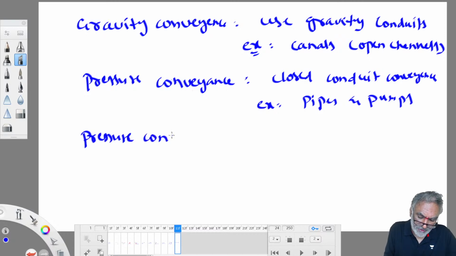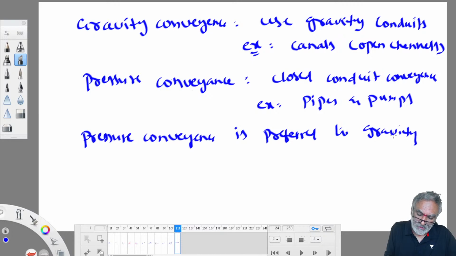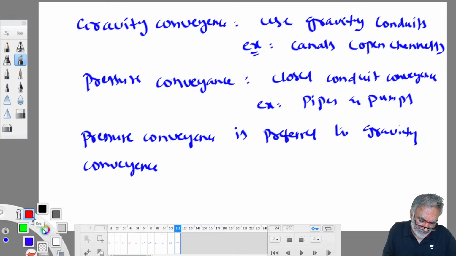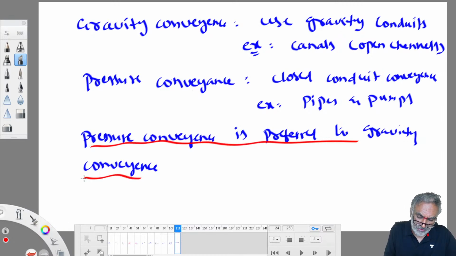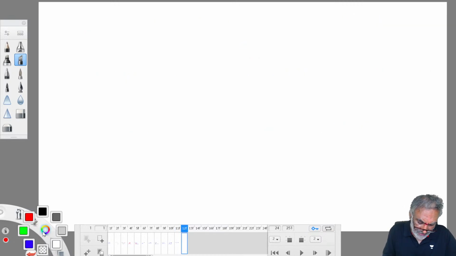Pressure conveyance is preferred to gravity conveyance in case of water supply. Therefore, if at all they ask any question, the answer is pressure conveyance.